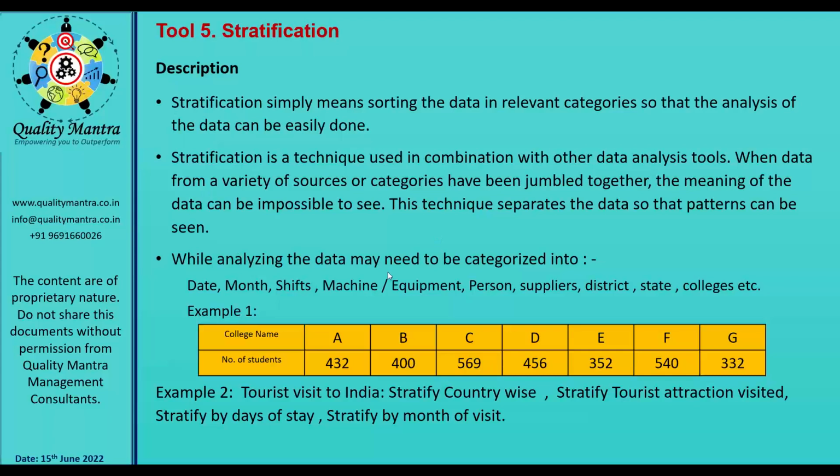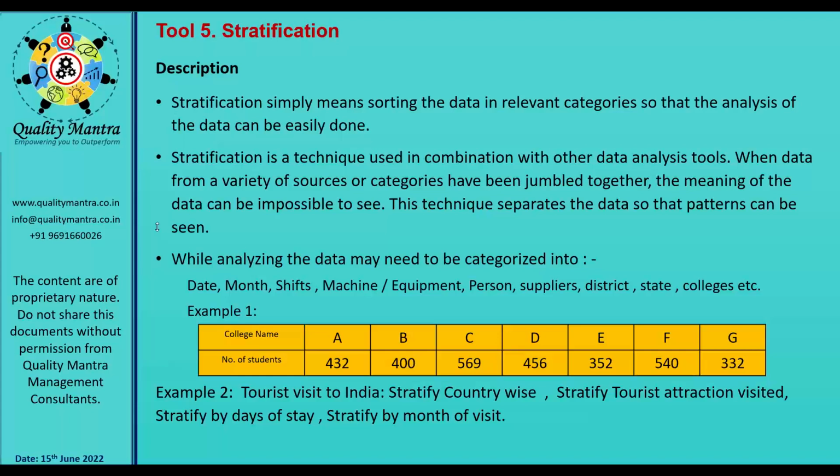Now, for example, if you want to analyze the number of admissions in a particular college or in the colleges, you can say that in that particular year 3,000 or 4,000 candidates got admission into the engineering college.